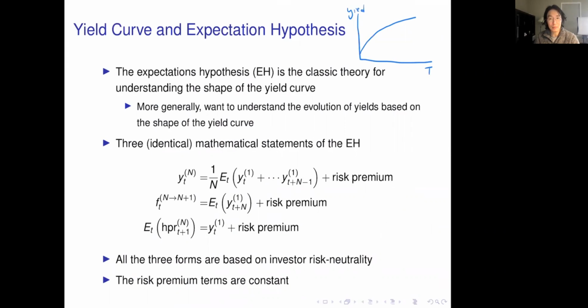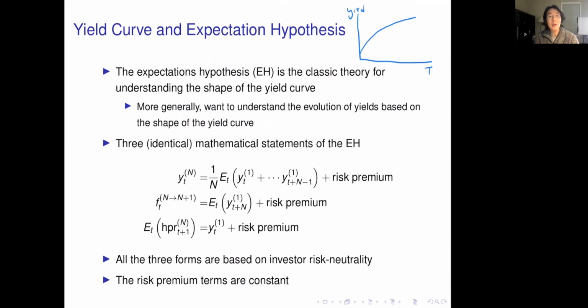We want to understand the future evolution of yields. We want to know what the future interest rate is going to be based on the shape of the yield curve. That is the purpose of the yield curve theory.